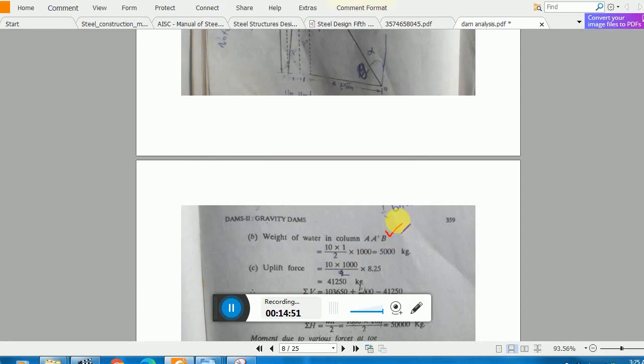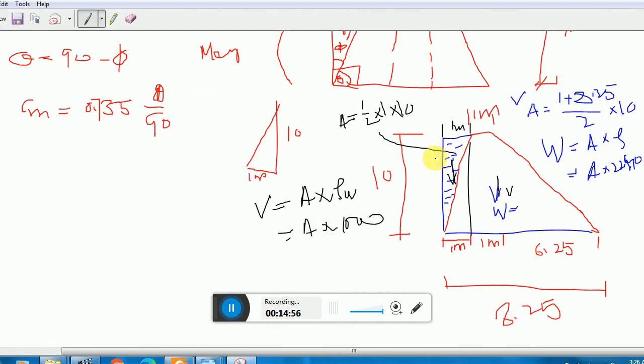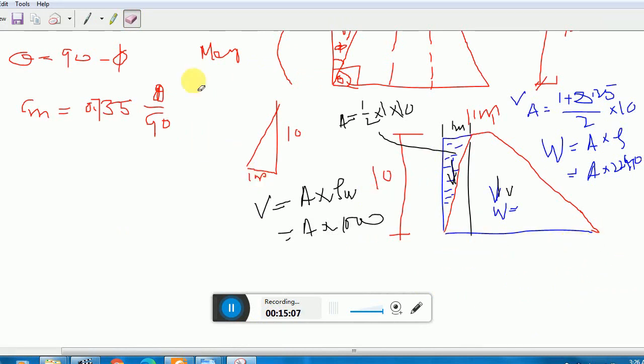Now the next is uplift force. Remember, I already discussed uplift force in part number 1 of this. What we have to do, remember that here we have water on this upstream side. The water is trying to escape just below the bottom.